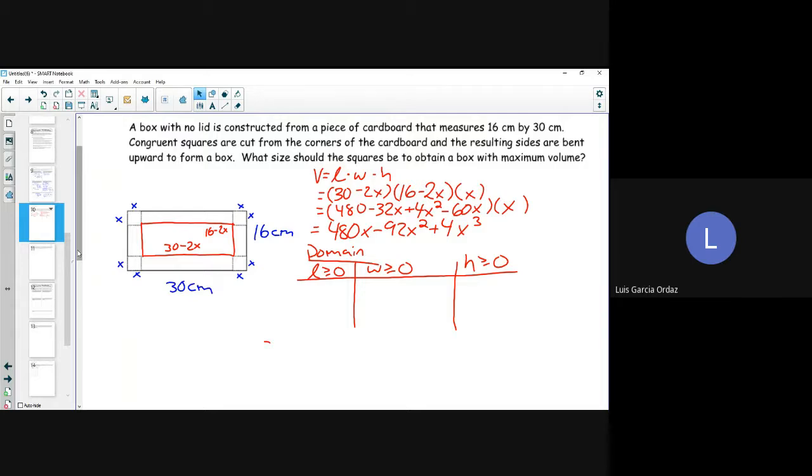So L, W, and H all have to be greater than or equal to 0 because I can't have any negative dimensions. Remember, L is represented by 30 minus 2x, so put that as an inequality. My W is represented by 16 minus 2x, and my H is represented by x.